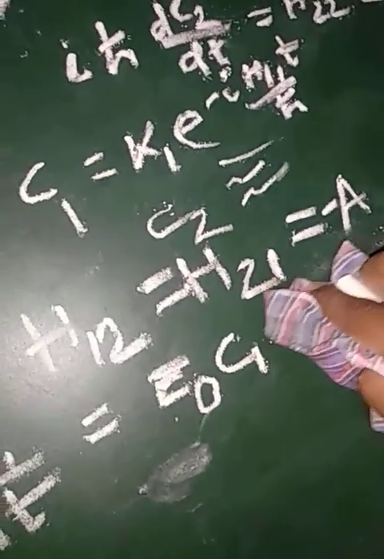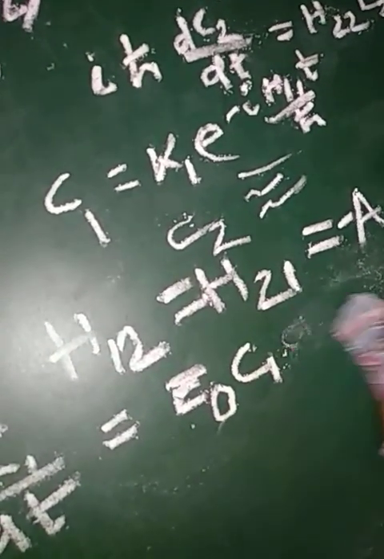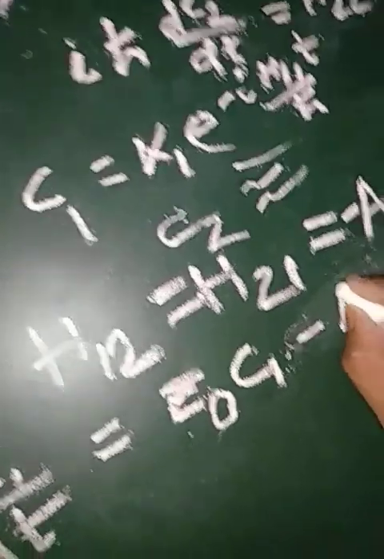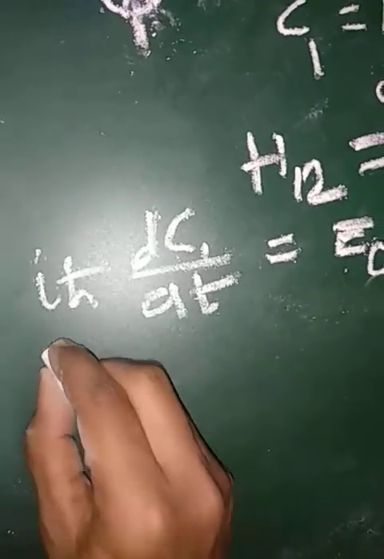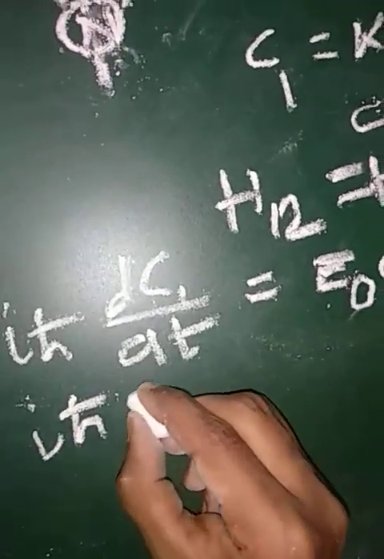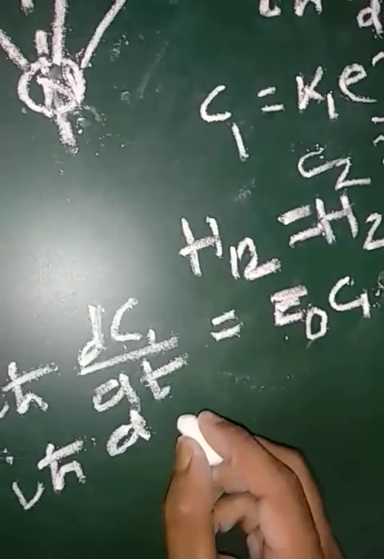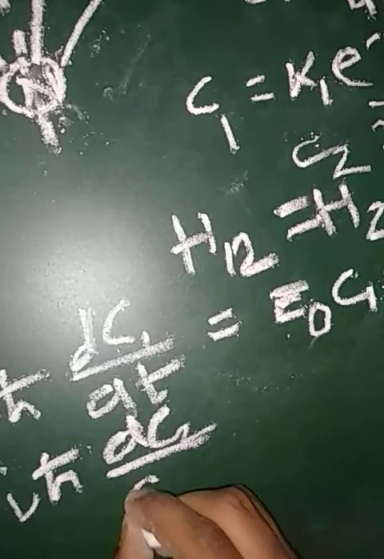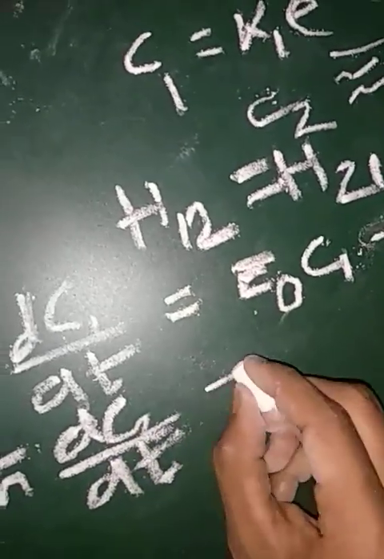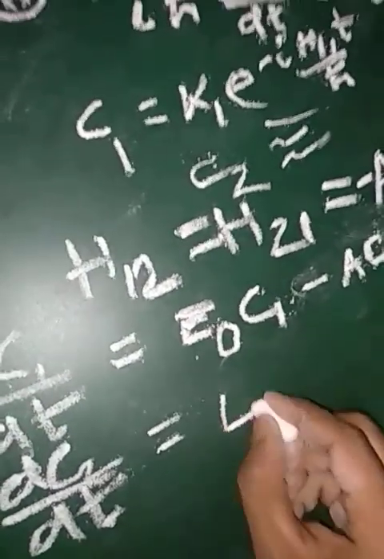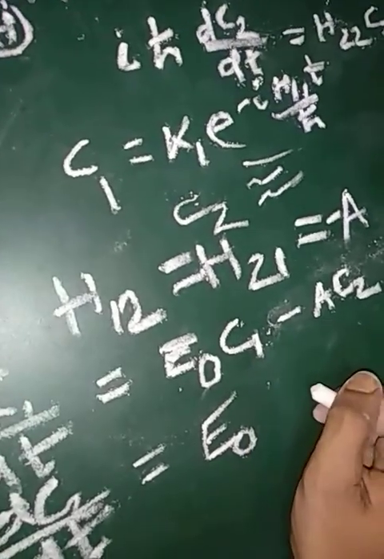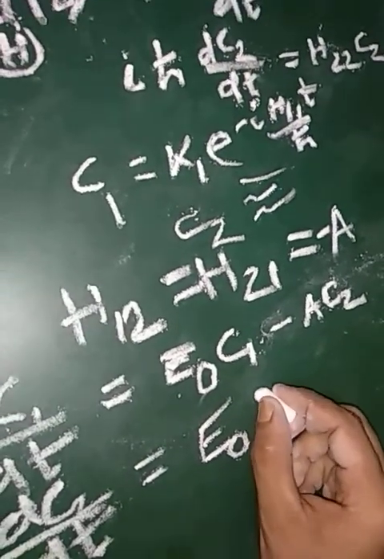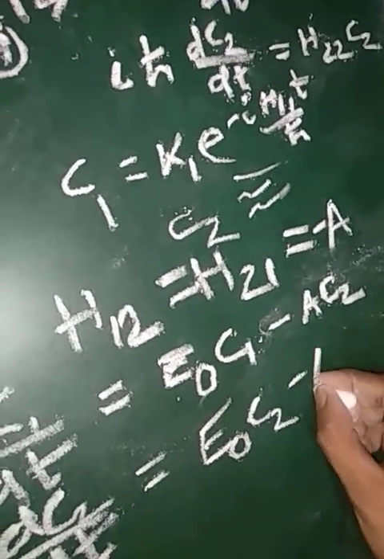So minus A C2. Okay, and similarly i h cut dC2/dt is equal to E naught C2, yes, minus A C1.